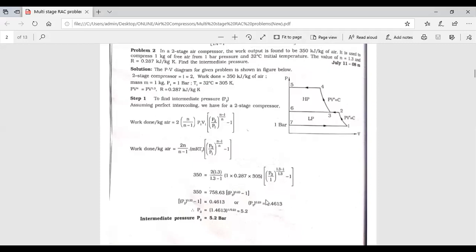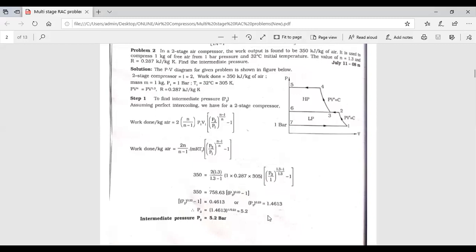750.63 in the bracket. P2, this power after simplifying, we are getting 0.3 divided by 1.3. Now P2 to the power of 0.23 minus 1 equals to 350 divided by 750.63, is nothing but you are getting 0.4613. Next, P2 to the power of 0.23 is 1 plus 0.4613.